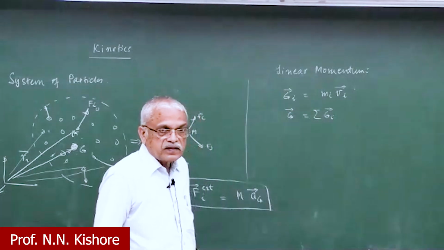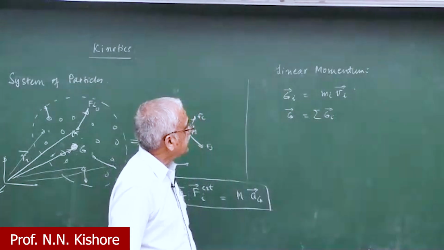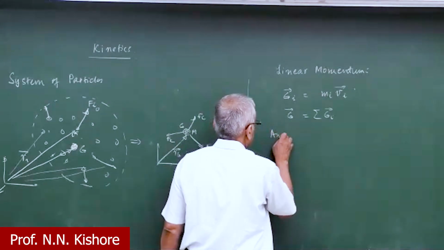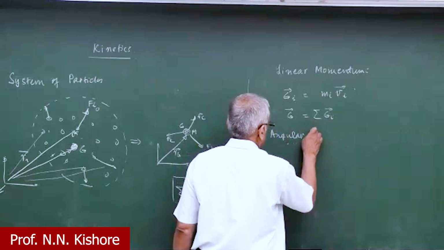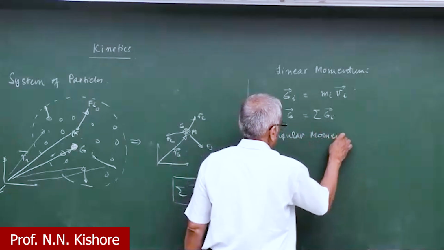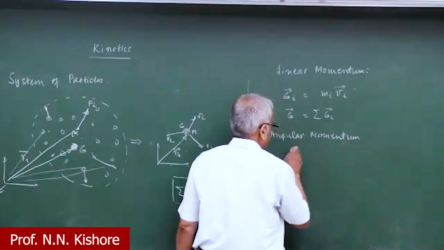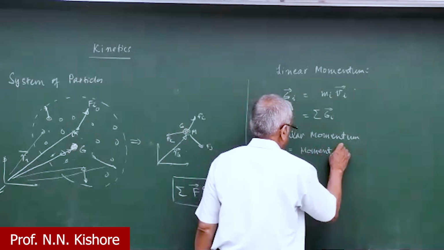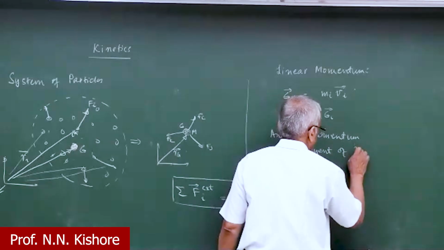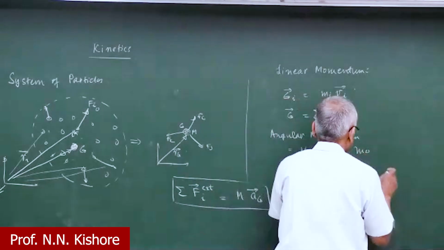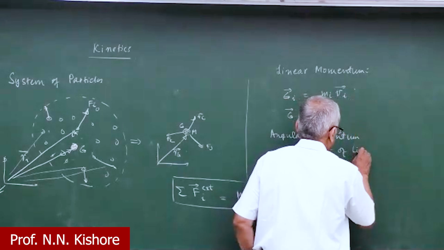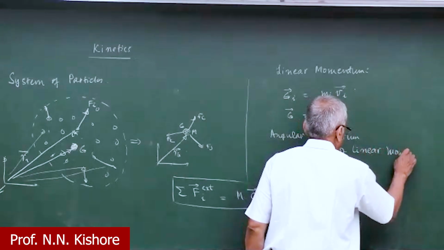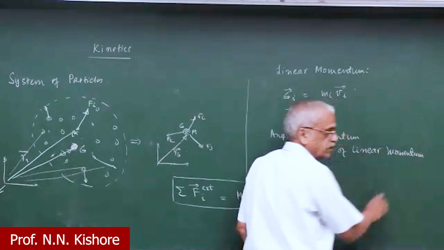Let's take the moment about, say, the origin to start with, and we'll represent it by h. So h, the angular momentum about origin O, is nothing but, let us see here.